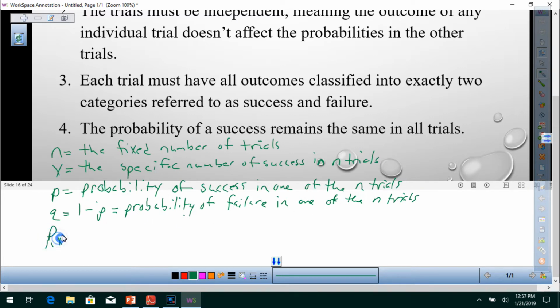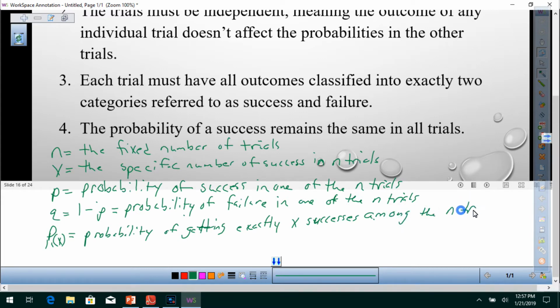P of X, you'll see that a lot. That's the probability of getting exactly X successes among the N trials.